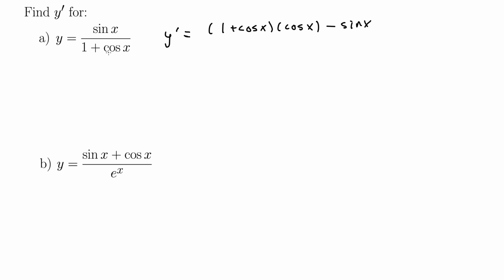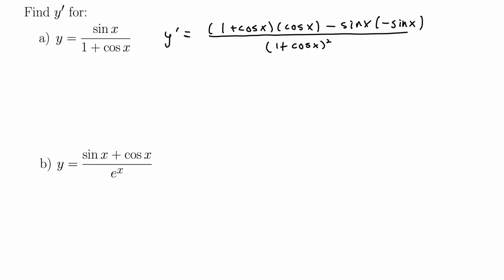Well, the derivative of 1 plus cos x, remember derivative of cosine is negative sine. So we have negative sine x for that derivative of the bottom. Over the square, and away we go. So all over 1 plus cos x squared.